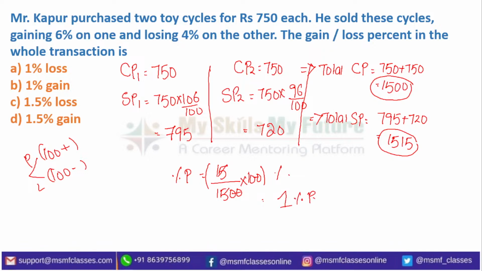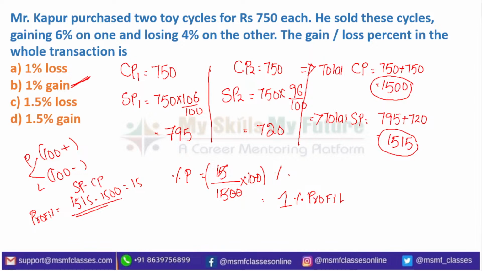Gain or profit, both are same. Option B is the correct answer. 1515 minus 1500 indicates 15 rupees, this is the profit. Percentage of the profit is profit by cost price into 100. Profit is nothing but selling price minus cost price.